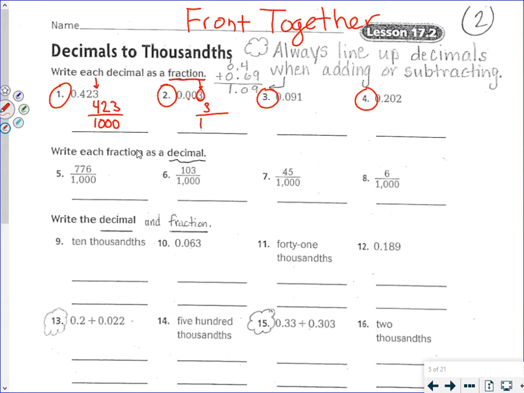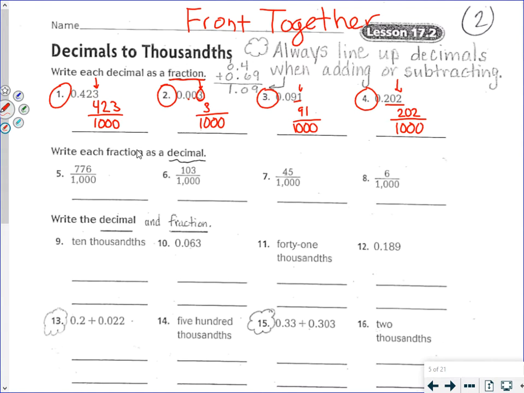So 3 thousandths. Next up, we have 91, which ends in the thousandths place value again. 91 thousandths. Next, we have 202, which ends in the thousandths. 202 thousandths.